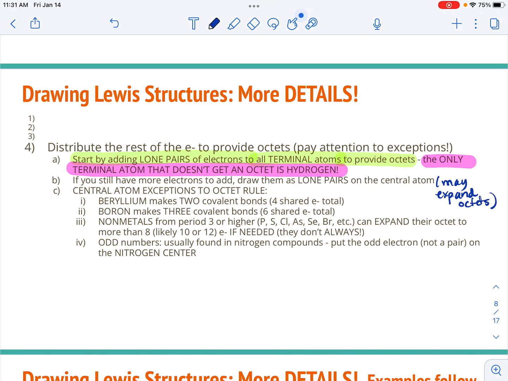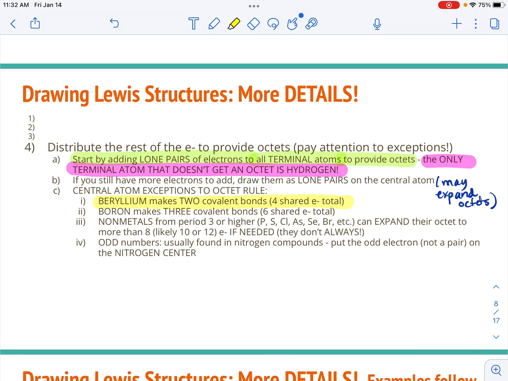There are some exceptions, and you want to think always: put lone pairs of electrons on terminal atoms first. If you have extras, put them on the central atom. If you don't have enough, we'll talk about what to do with that in a second, but you have to be careful because some of our exceptions allow fewer than 8. The ones that are electron deficient are like group 1, group 2, group 3.